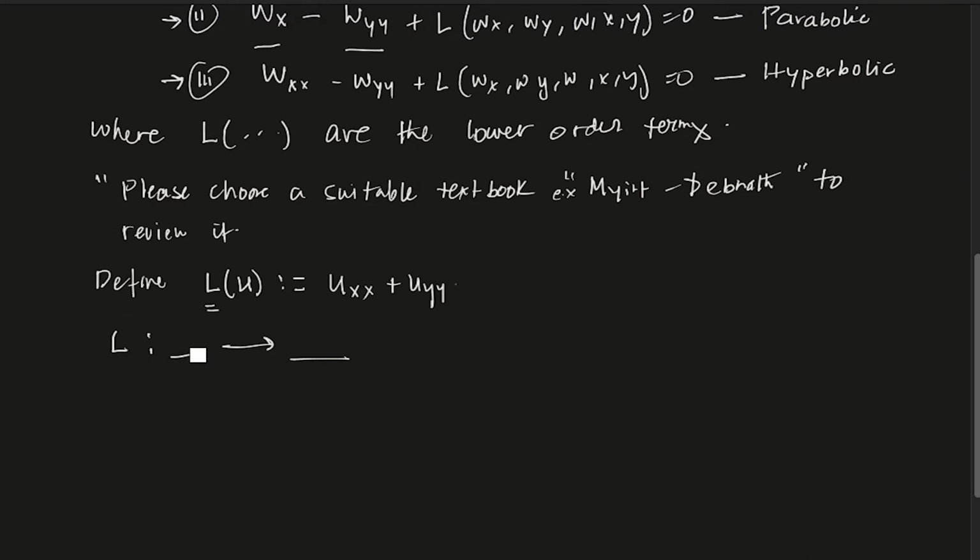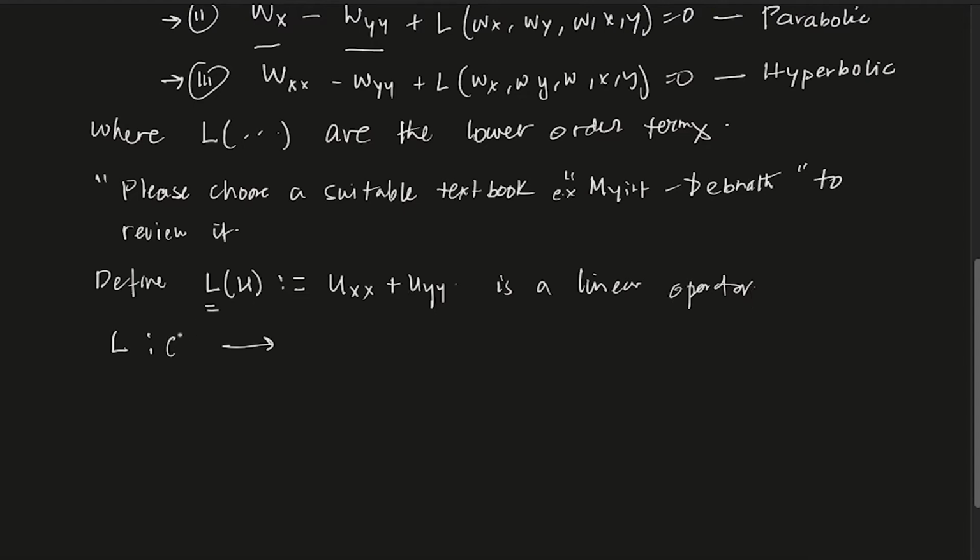Right. So let me tell you where it is. L is an operator. What do I mean by operator here? L is a linear operator. What I mean by this is that it is taking values from some vector space. If I'm taking a u, uxx and uyy have to exist, so u has to be at least twice differentiable.